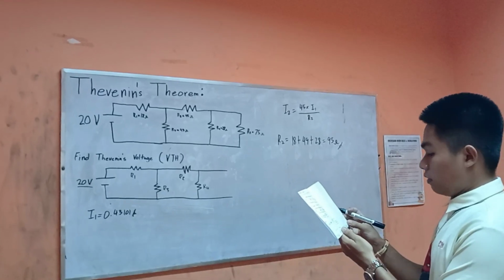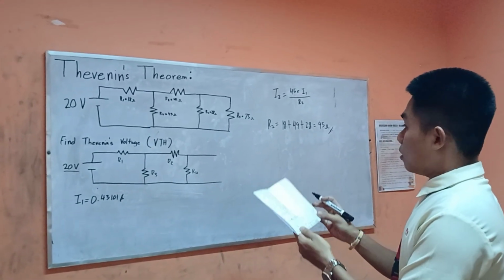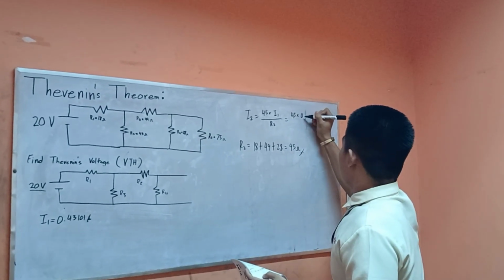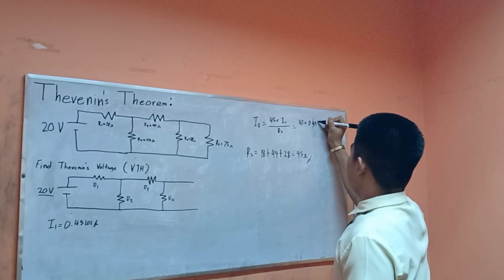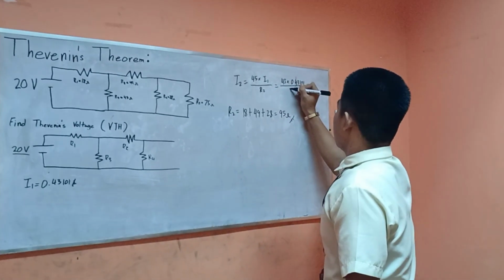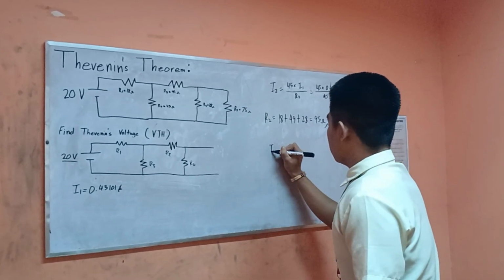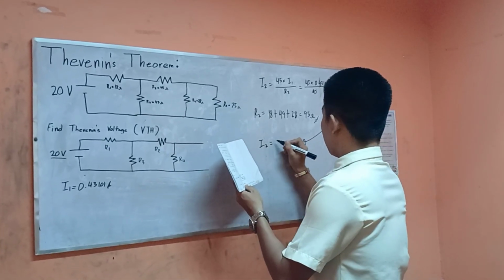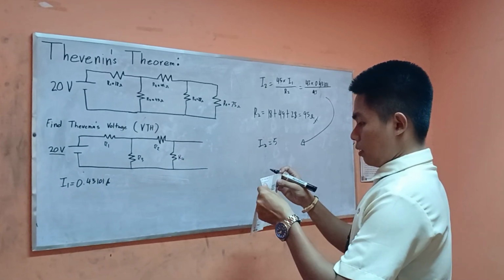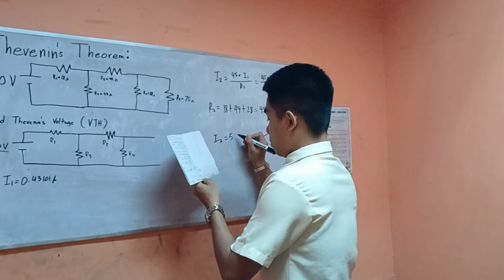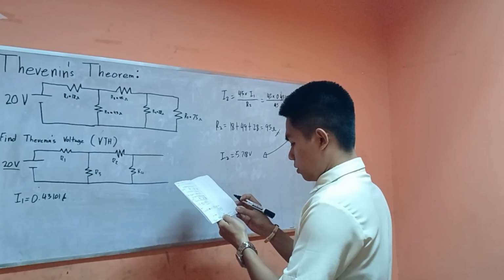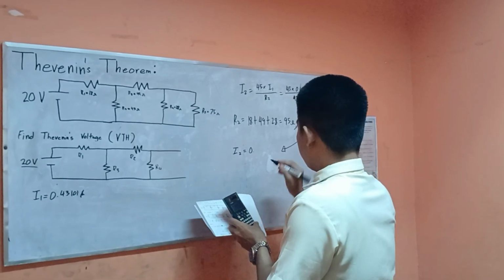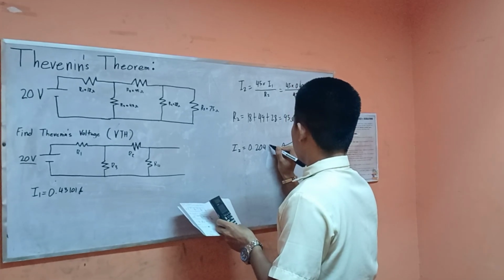So if resistor 2 is equal to 95 ohms, loop 2 is equal to 45 times 0.43101 over 95, which is 5.718 volts. Which means loop 2 is equal to 0.204 amps.